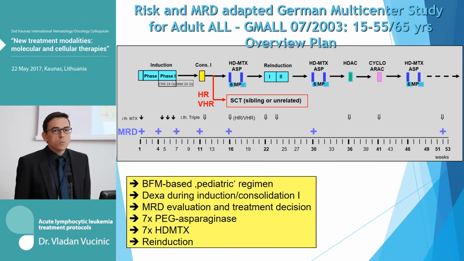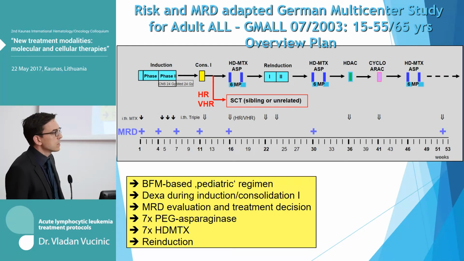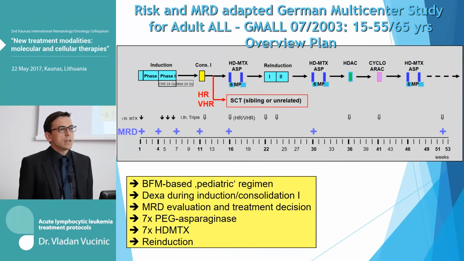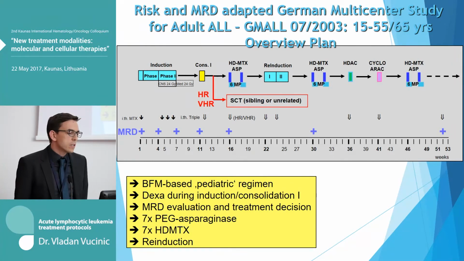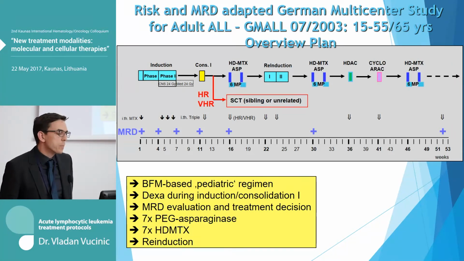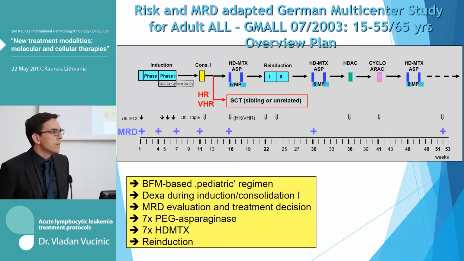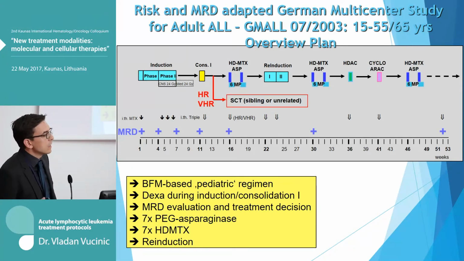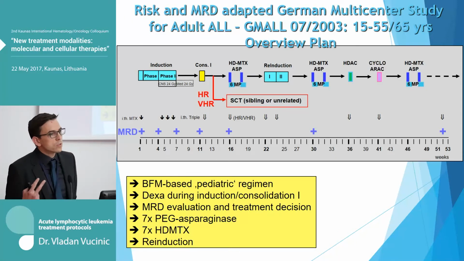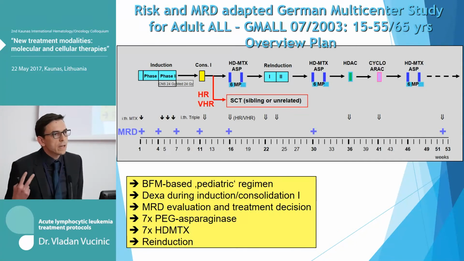So what does the protocol look like? The current recommendations of the German ALL study group are actually a repeating combination of different cocktails of chemotherapy, and the whole treatment protocol lasts for 2.5 years.